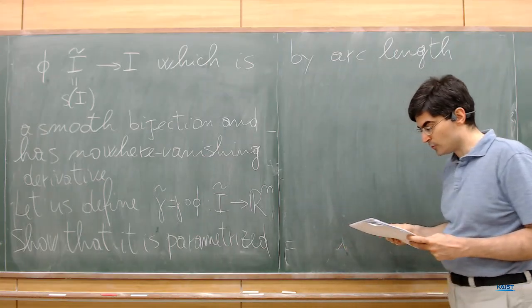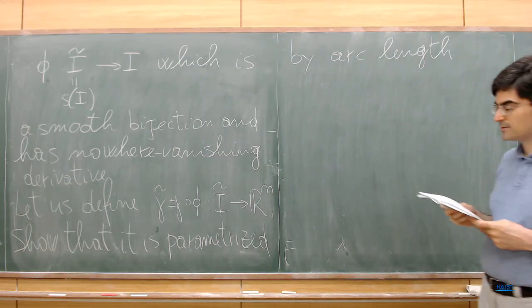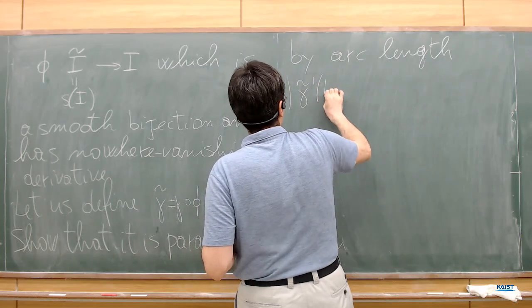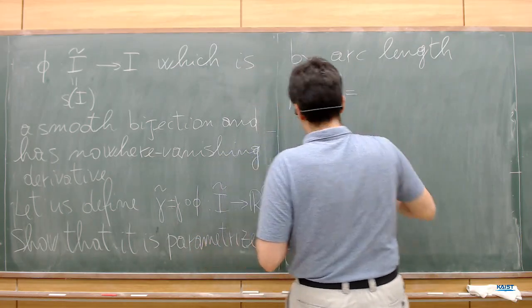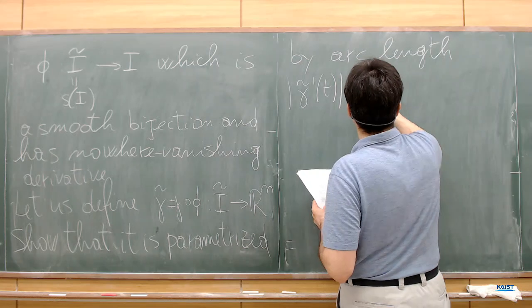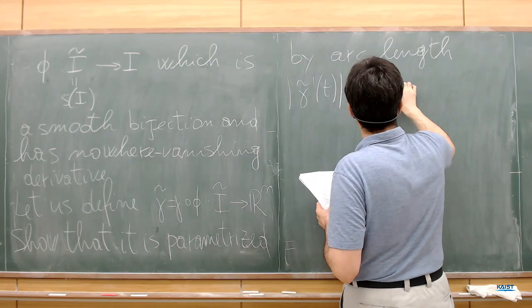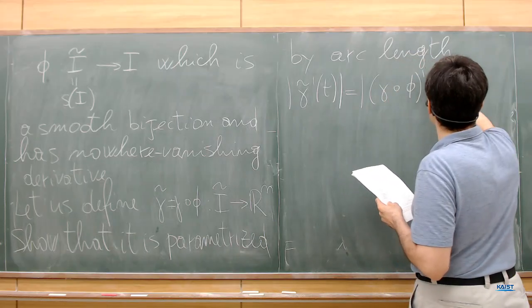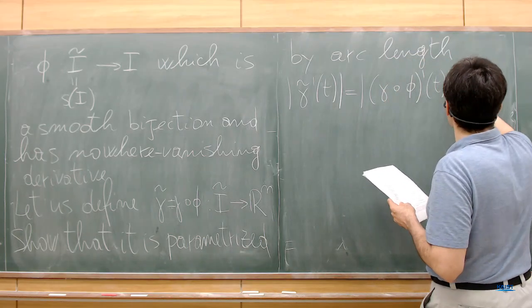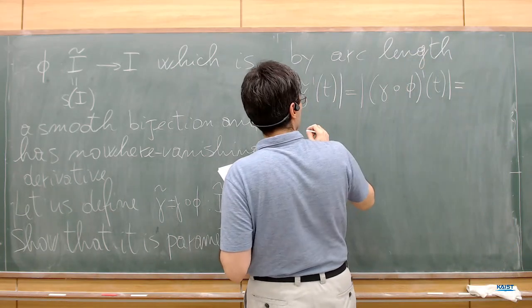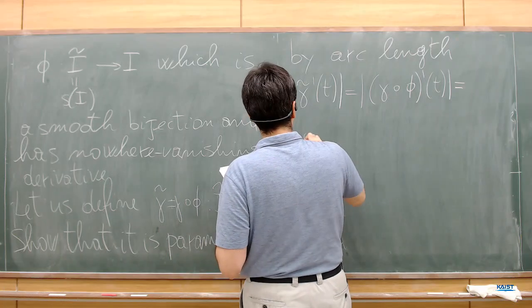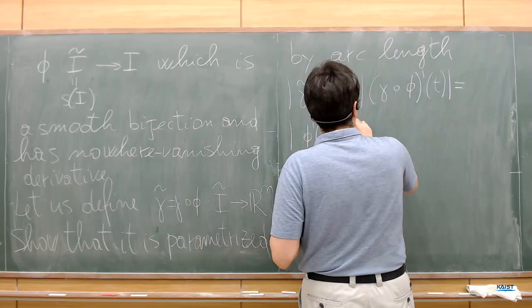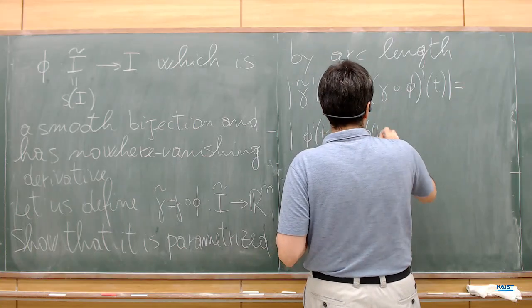One way of doing this is to look at the length of gamma tilde prime t, which is the length of gamma composed with phi prime t, and by the chain rule this is the length of phi prime t times gamma prime evaluated at phi of t.